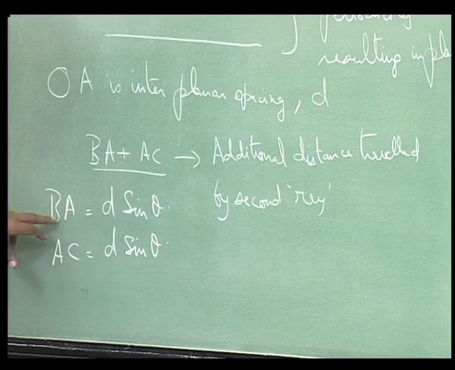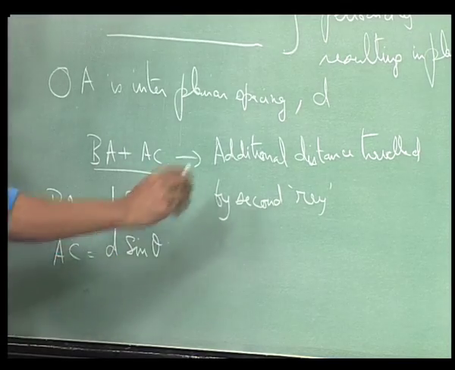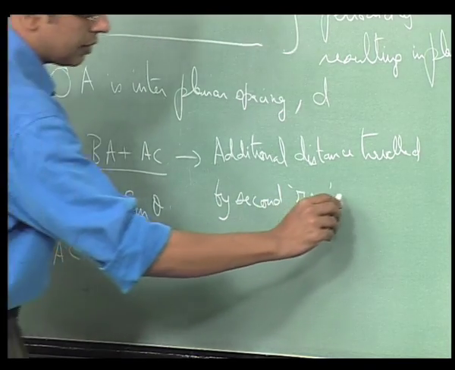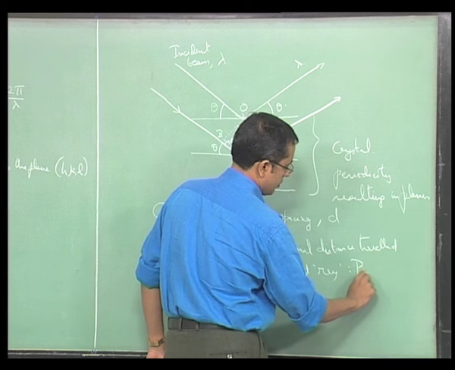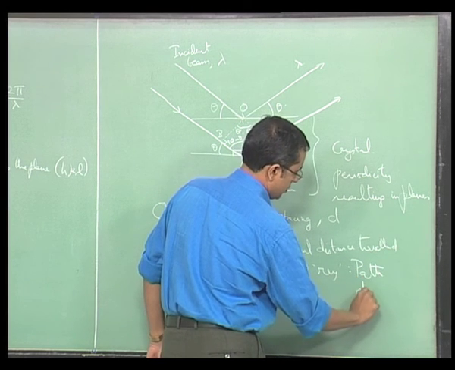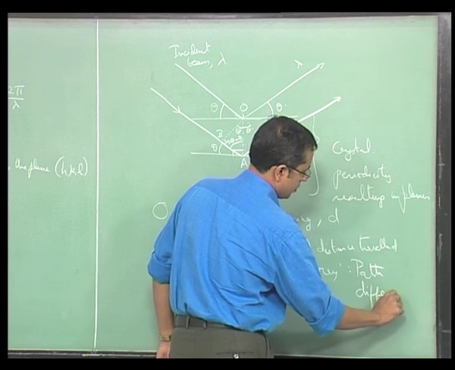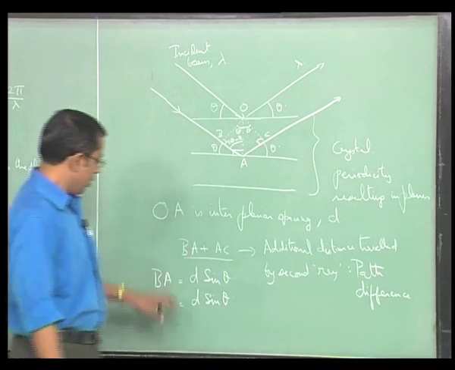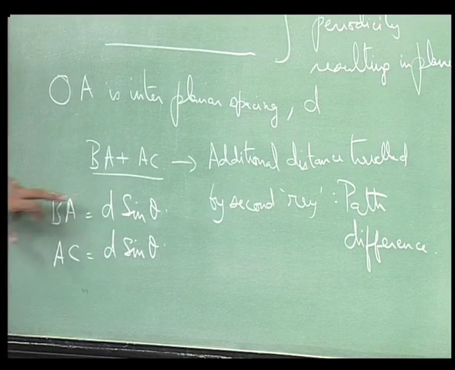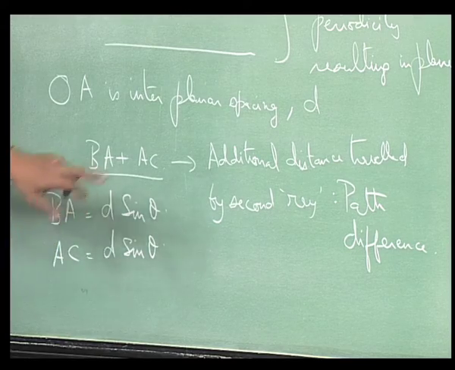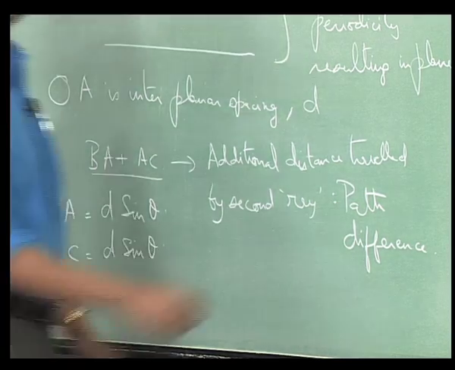The total additional distance is also called path difference. So path difference is BA plus AC, each is D sin theta. Therefore, the total path difference is simply 2D sin theta. So we can write that there.